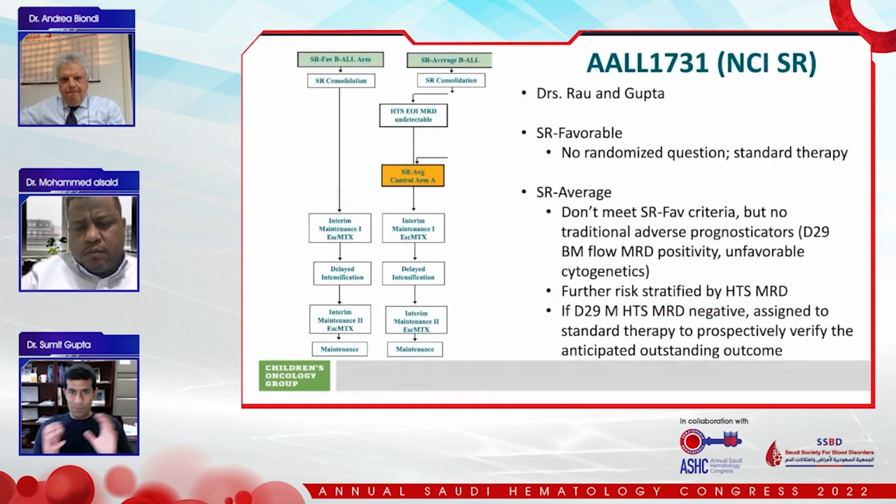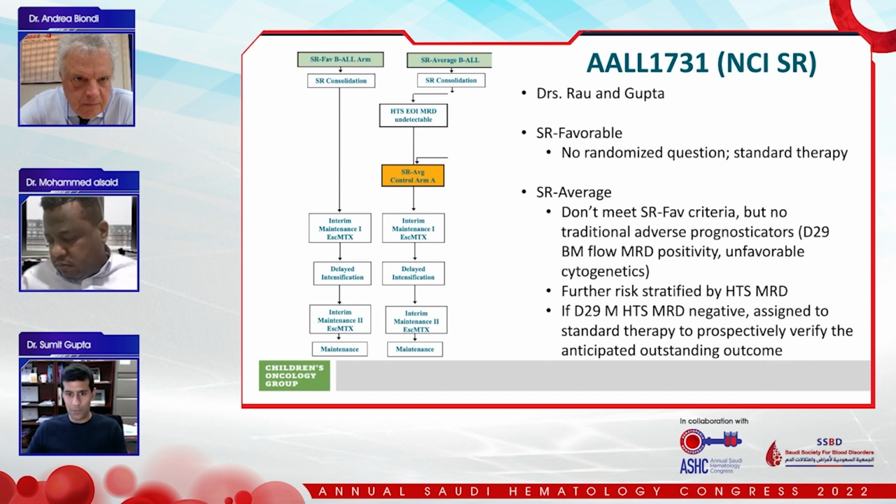So you'll see what I'm trying to do over this talk is fit in some rationale for the current trials. For our current NCI standard risk trial 1731, which I have the fortune of co-chairing along with Dr. Rachel Rao in Houston, standard risk favorable, like I said, has no randomized questions, standard therapy. For standard risk average patients, which are ones that don't meet standard risk favorable criteria, so they're not the best of the best, but they don't have any of the traditional adverse prognosticators we're all familiar with, flow MRD positivity, unfavorable cytogenetics, we are further risk stratifying those by their HTS MRD negative status.